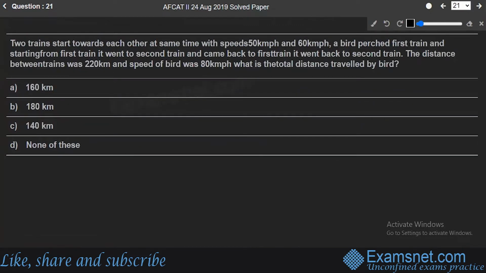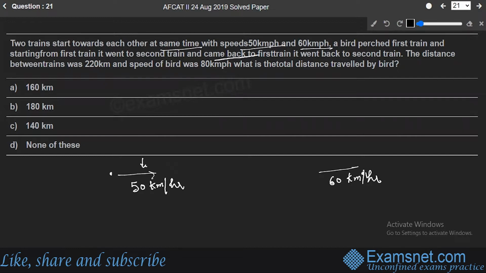Question number 21. Two trains start towards each other at the same time with the speeds 50 and 60 kilometers. So there is train 1 and there is train 2. They both are heading towards each other. The first train was moving with the speed of 50 kilometers per hour and the second one was moving at 60 kilometers per hour. A bird perched on the first train and then moved towards the second one.